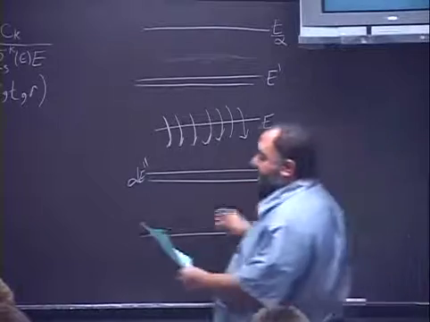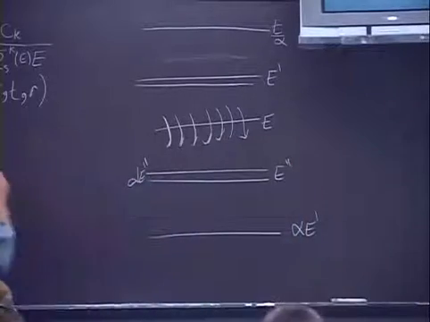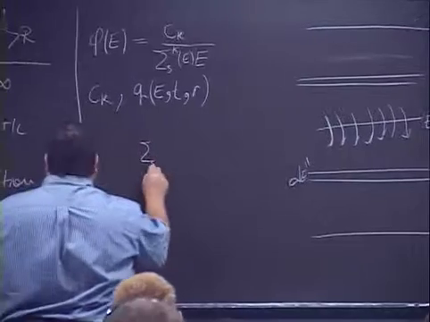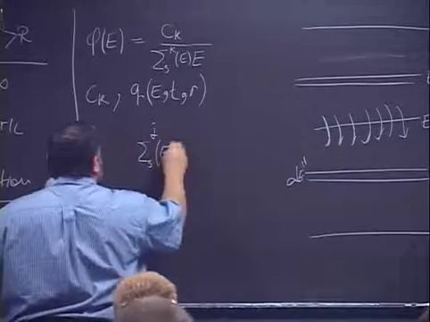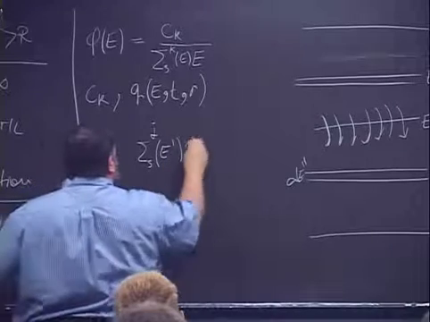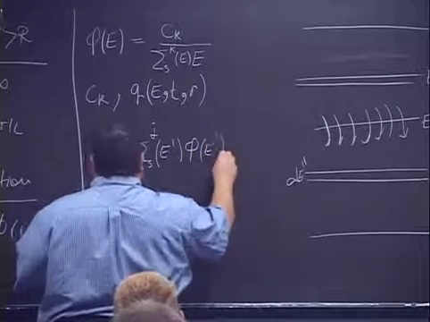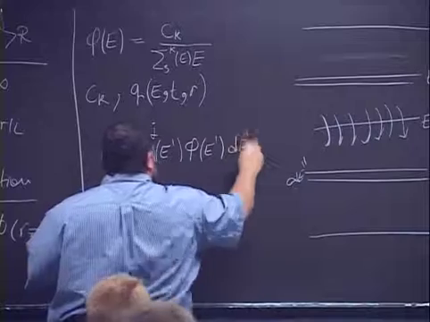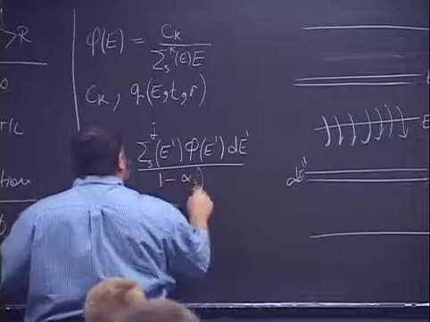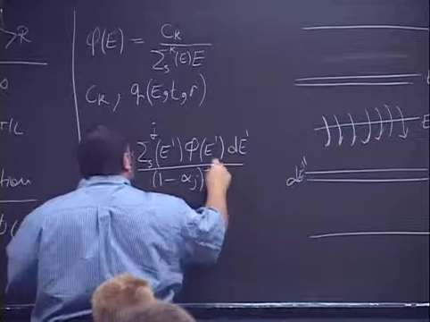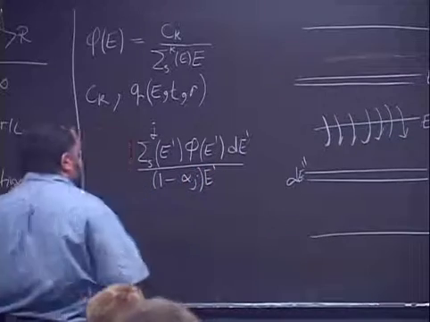So now, sigma scattering for isotope J at E prime multiplied by phi at E prime multiplied by dE prime divided by 1 minus alpha J multiplied by E prime. What's this?